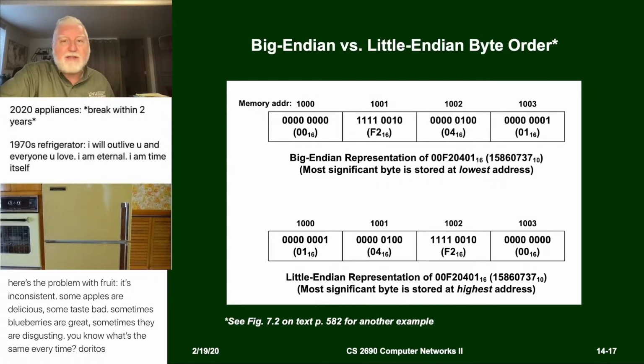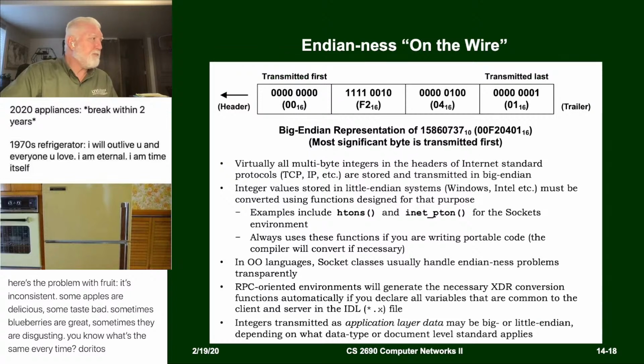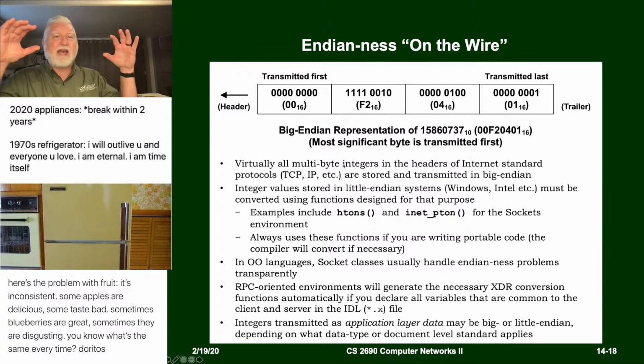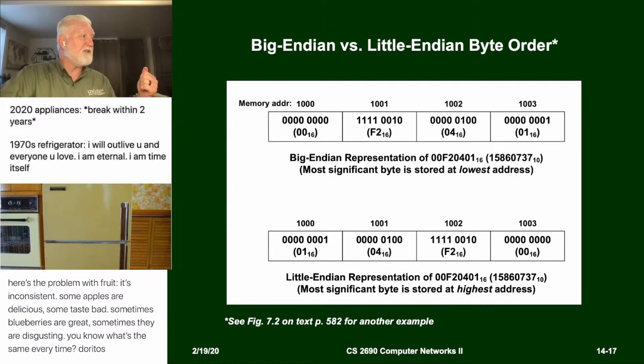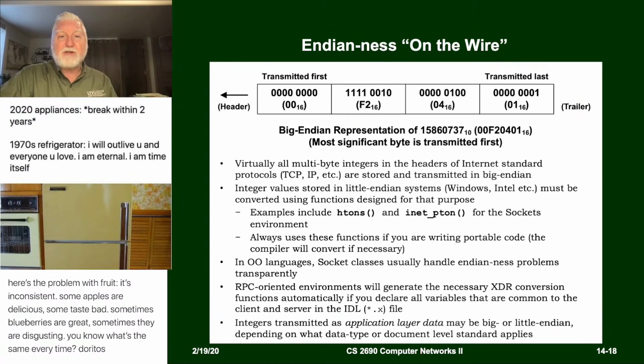Okay, so I want to just talk about these for a second, and I want to start over here actually. Big-Endian means essentially the question is, I've got a multi-byte value, like a multi-byte integer, which end do I transmit first? That's the question, okay?